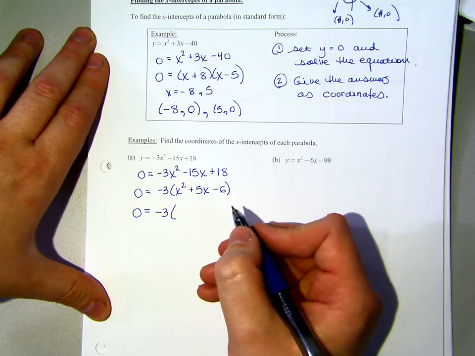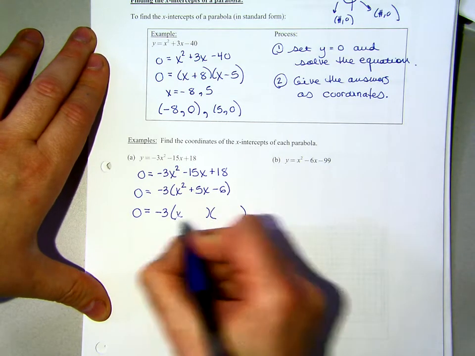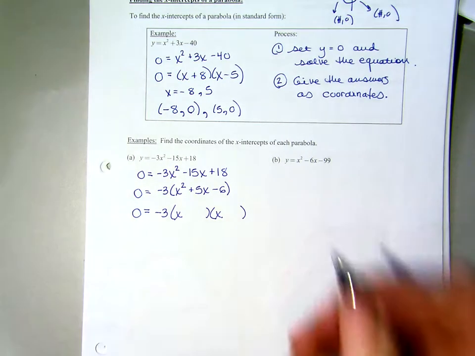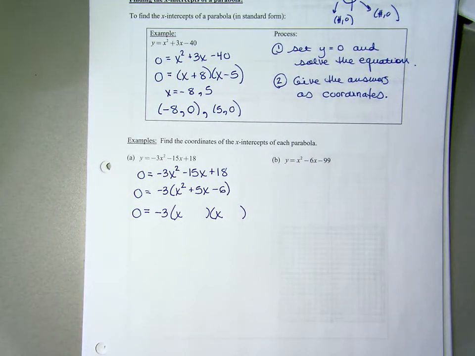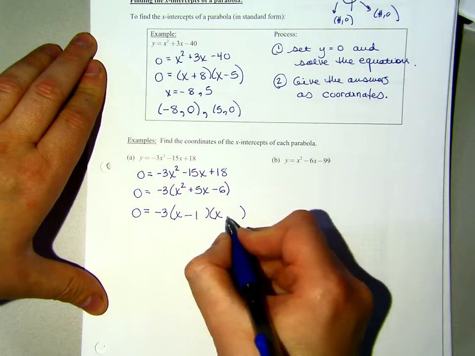Multiply to negative 6, add to 5. Selma, do you have the factoring? That'll do it.